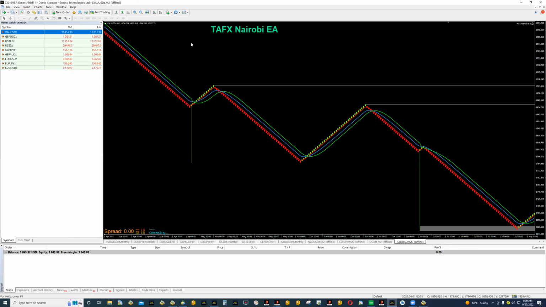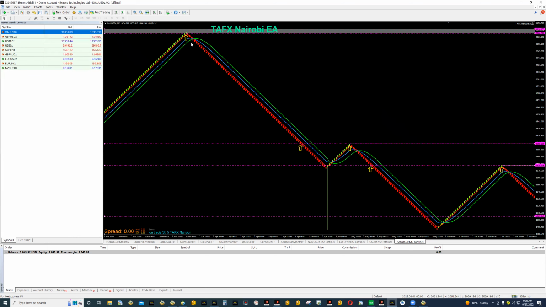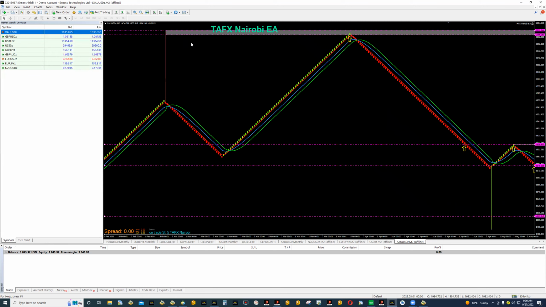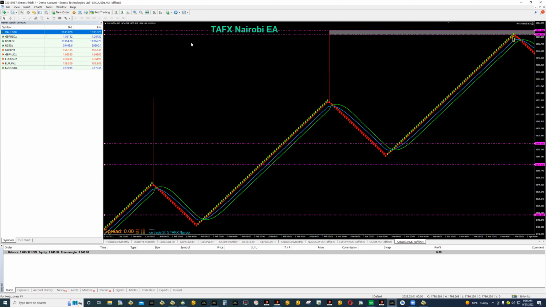We have seen that this strategy is a Star strategy. And a Star strategy means three crossings of the moving average, when they cross in the same place. For those people who are professional in working with moving averages, they can tell you there is power when three moving averages cross in one place.